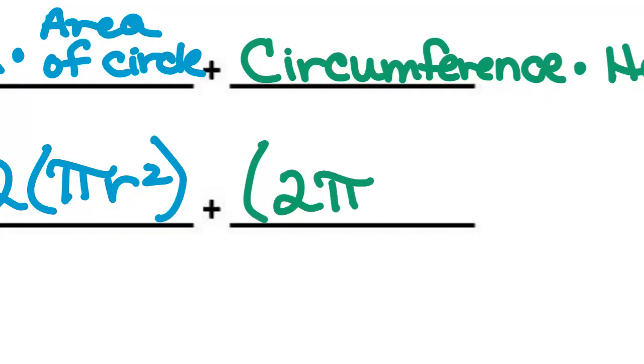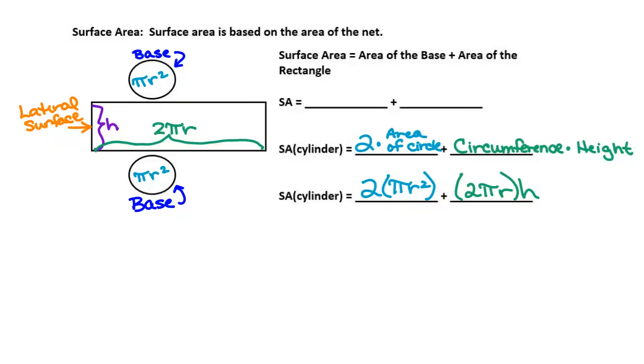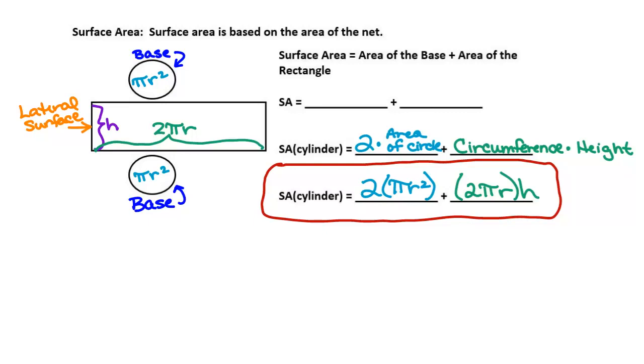So 2 pi r times the height. This is our surface area formula for a cylinder.